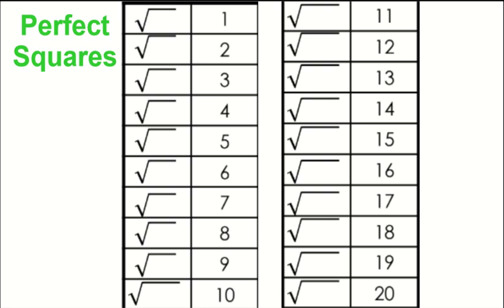And what you're supposed to know as 8th graders are basically your perfect squares all the way up to 20 squared. So we got to be able to do any one of these all the way up to 20 squared. Anybody remember from earlier in the week what 20 squared was? 400. We got 400 there.